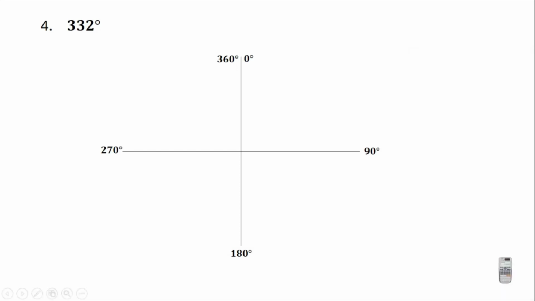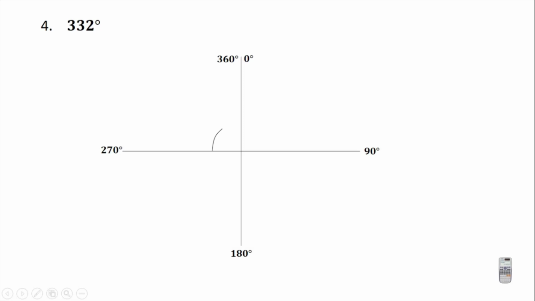So it means that we have to measure 62 from 270 degrees. Remember that we are going in the clockwise direction. So we measure 62 degrees clockwise from this 270 degrees.